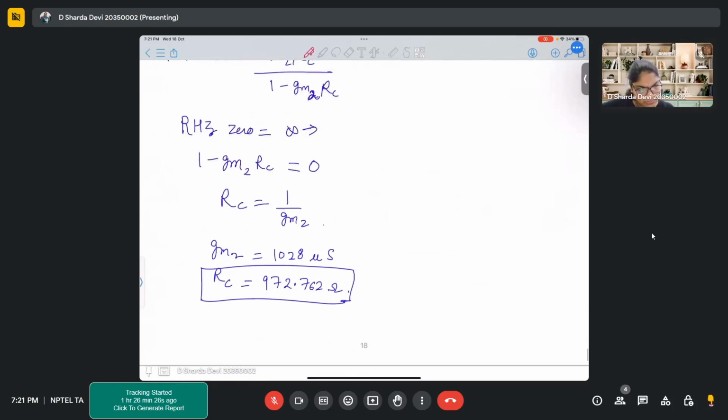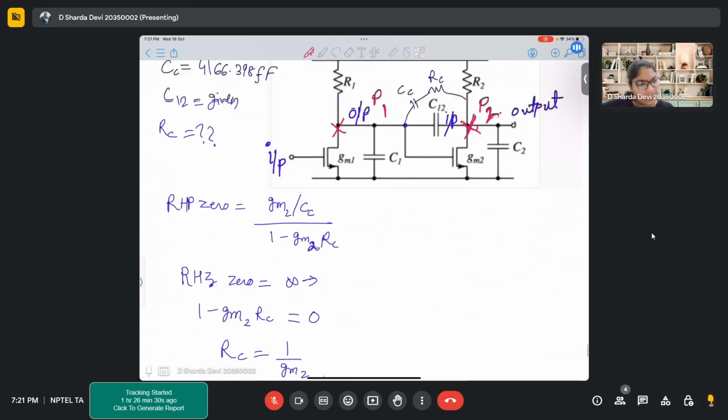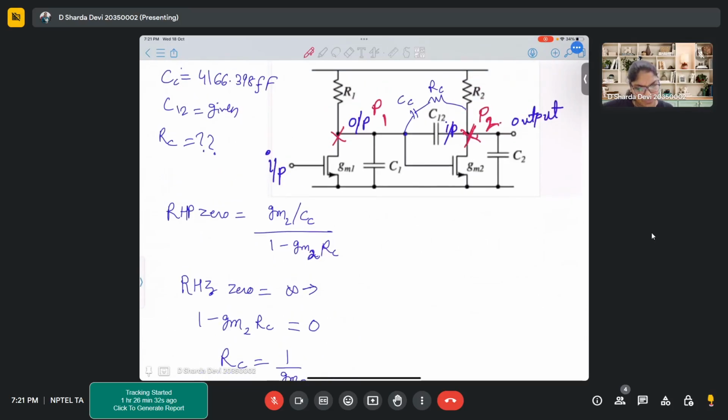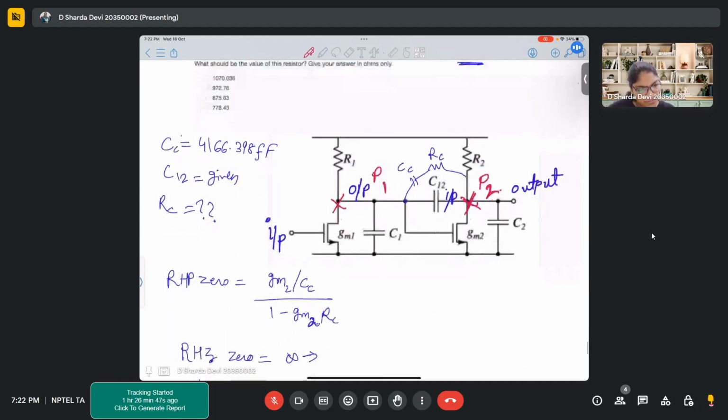See this. This is the one for the zero value I was thinking about. It is gm upon Cc times 1 minus gm upon Rc, with this Cc and Rc coming in parallel. So this is the formula for zero.